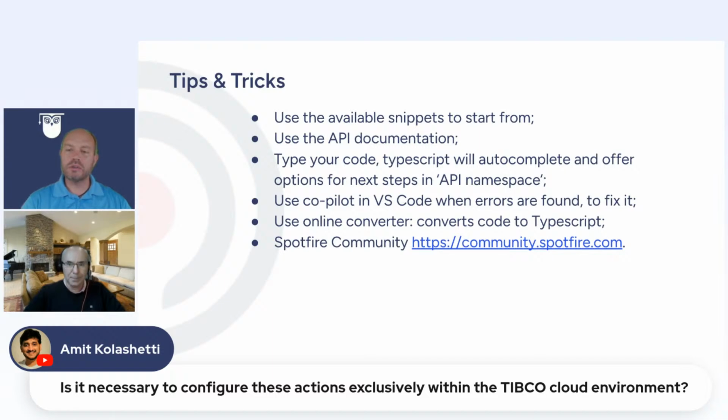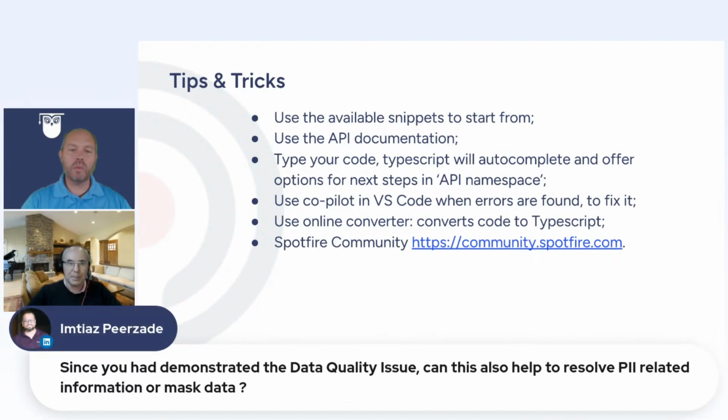We have another question here. When you were demonstrating the data quality issue, can this also help to resolve the PI-related information or mass data? So I guess this question is, since you are doing a data quality issue, that was just an example of the action mod that you can perform. But basically behind the action mods is a script that you can automate, and it uses the IronPython API.